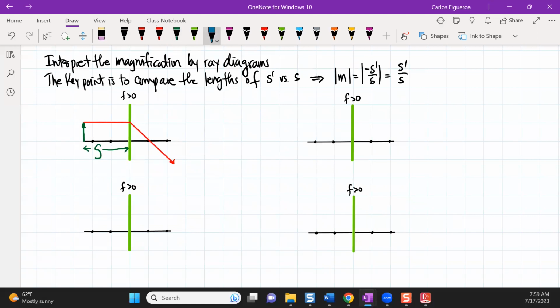Then I get my second ray, and it looks like this. You could see my image is right here. The first thing I want you to pay attention to is the distance here. What you're seeing in this situation is that S is greater than S prime. So that tells me immediately that the magnification has to be smaller.